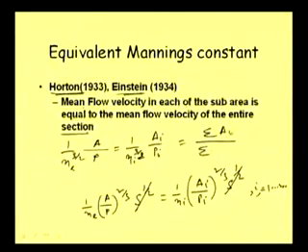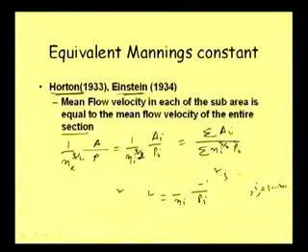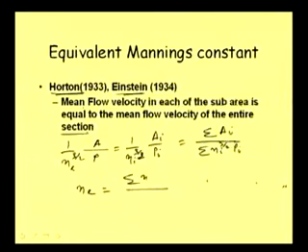Then simplifying that expression and combining this and that, we can write Ne is equal to summation of Pi Ni to the power 3 by 2, then this P we can also write as summation of Pi, and A and summation of Ai are the same, so this will get cancelled, and we can write summation of Pi Ni to the power 3 by 2 over summation of Pi, all to the power 2 by 3. So that way we get an expression for equivalent Ne.